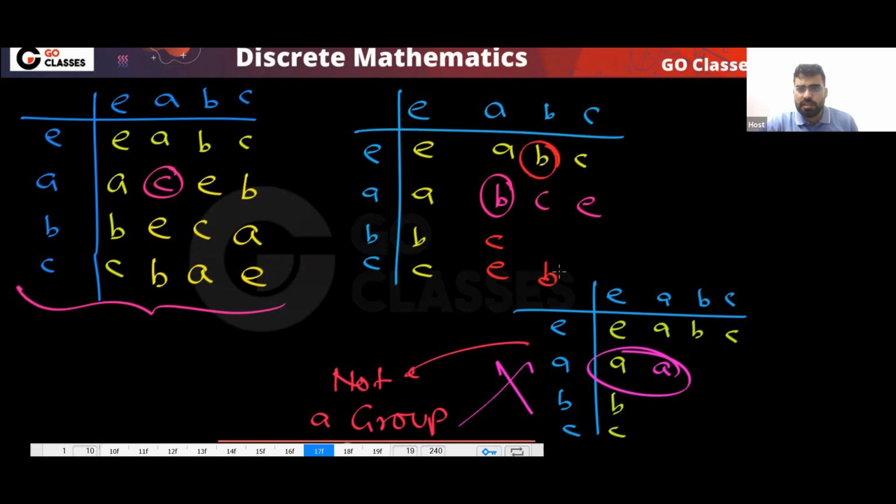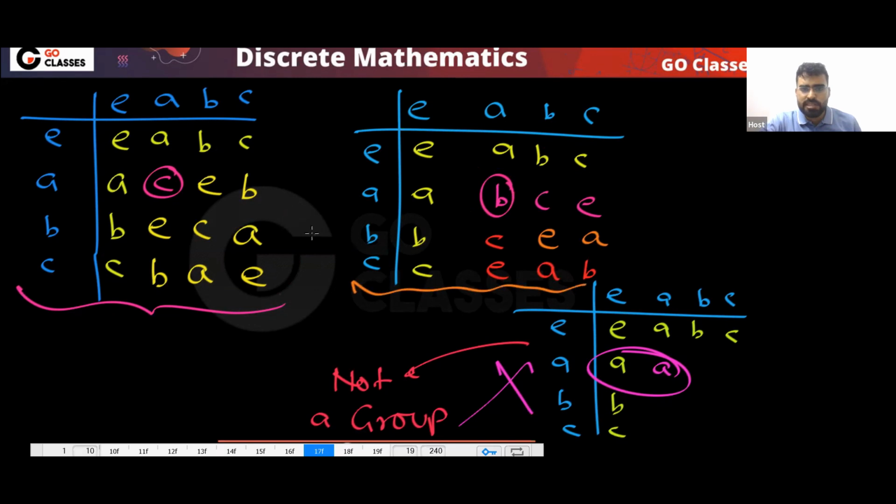I cannot put B here. Because this is CE, this will be A and this will be B. Okay, so this is correct. So I only have a choice here, nowhere else.